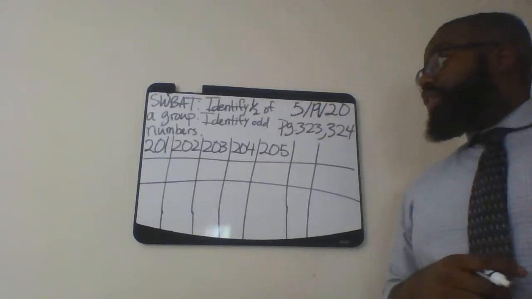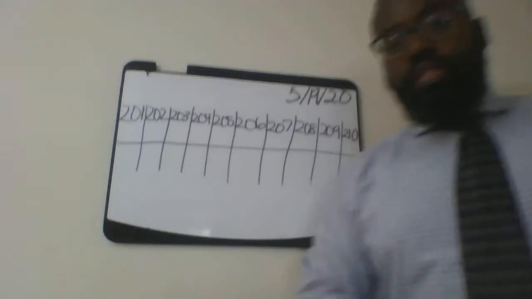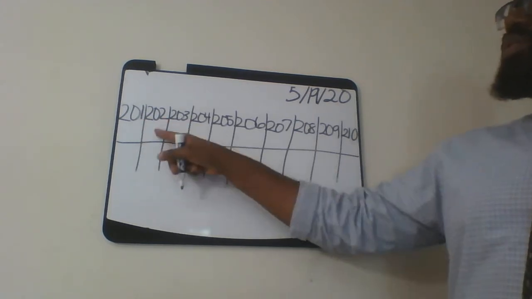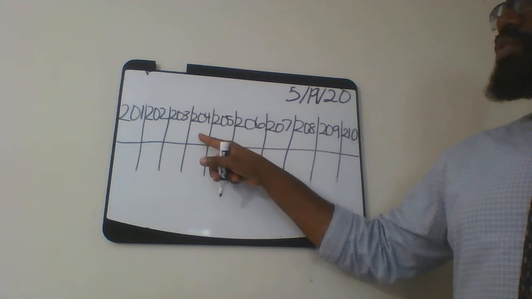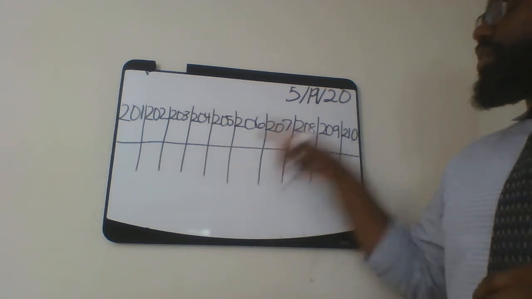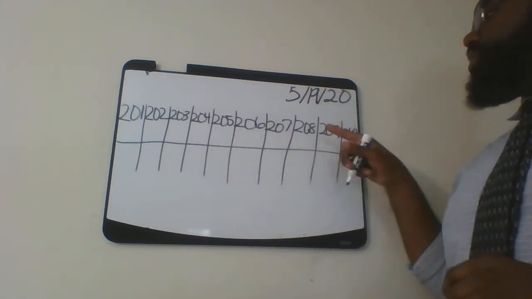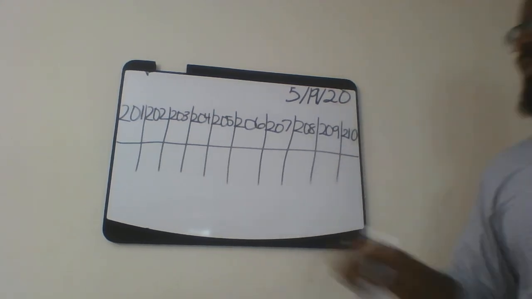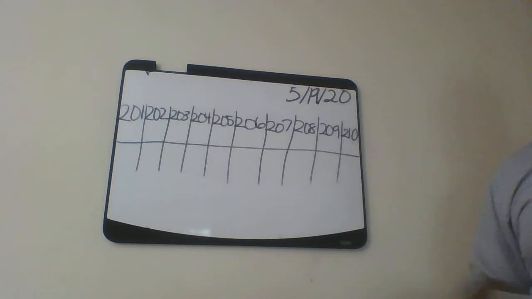So here we have a chart. So I had to adjust my chart and I did the first row first. Here we have 201, 202, 203, 204, 205, 206, 207, 208, 209, and 210. So I'll stop right there at 210, but you just have to fill in the bottom row. So it asks us a few questions.